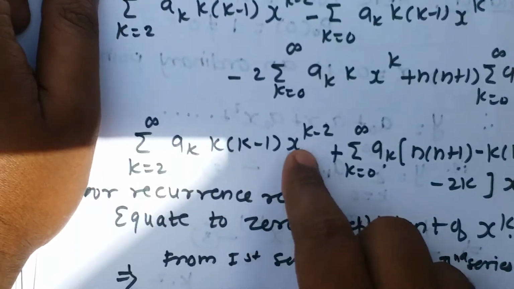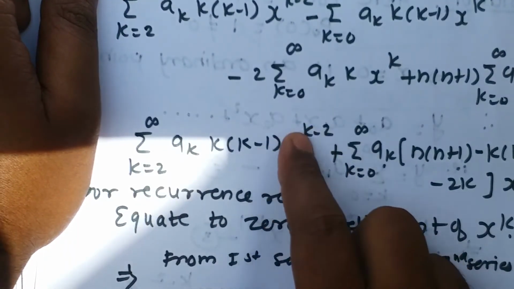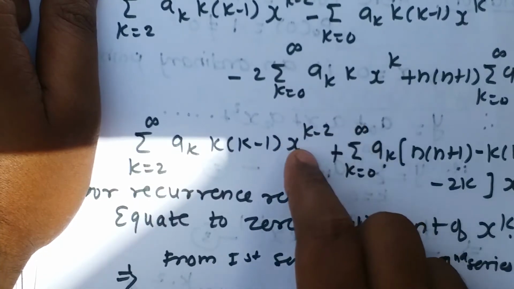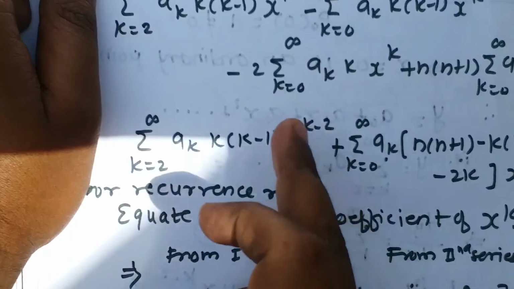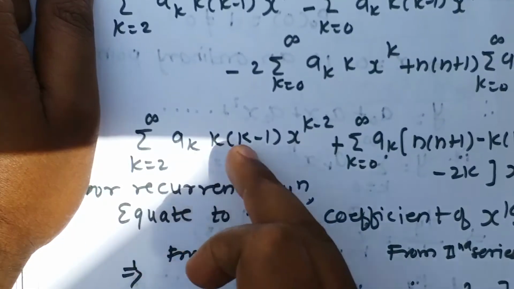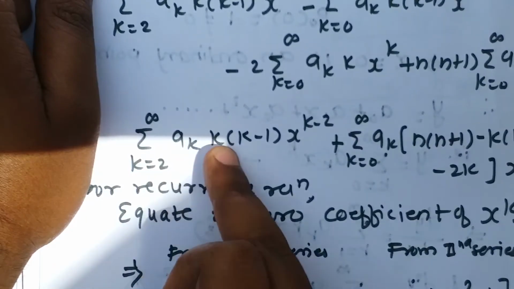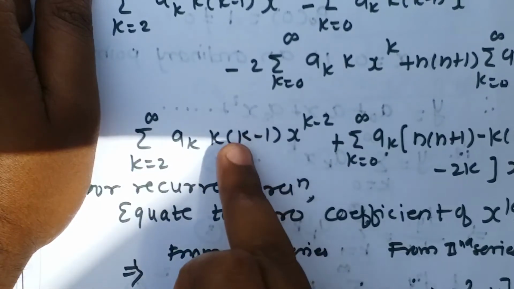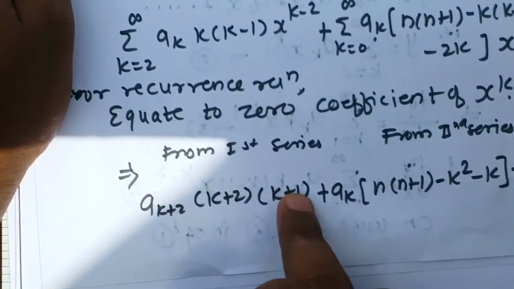For getting here x raised to k, we need to replace k by k plus 2. If you replace k by k plus 2, 2 and minus 2 will get cancelled, x raised to k will remain. Means for getting the coefficient of x raised to k in the first series, we replace k by k plus 2, and that will give us the coefficient as ak plus 2, k plus 2, and k plus 2 minus 1, that is k plus 1.